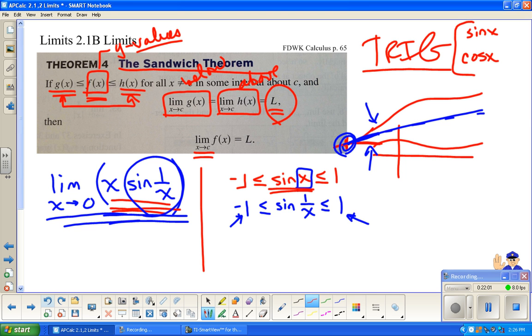I knew it was between -1 and 1, and it really didn't matter what was inside, so I made it 1 over x. Then I'm going to put this x in also. In effect, I'm multiplying all three sides by x. So when I multiply the left side by x, it becomes -x, or the opposite of x if you prefer. In the middle, it's x sine of 1 over x, and on the right, x again.